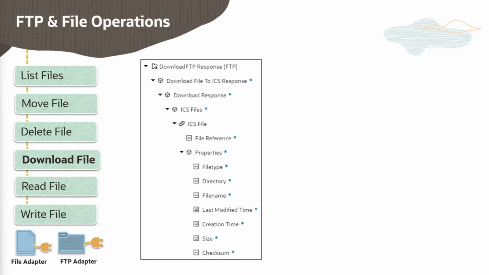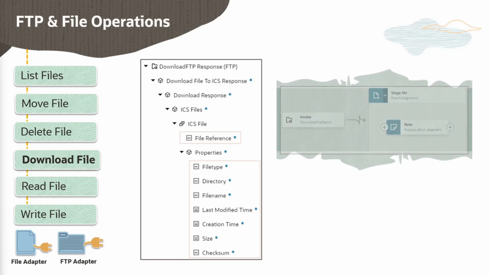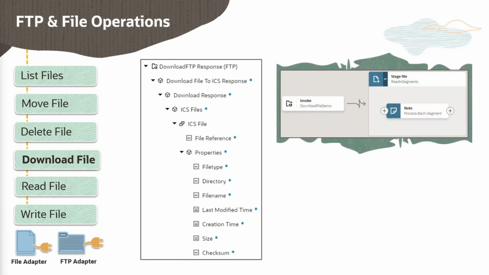Subsequently, in your flow, the mapping canvas will add this response in the sources section, where you will not only have access to the downloaded file reference in the VFS, but also have its file name, file type, and other metadata.